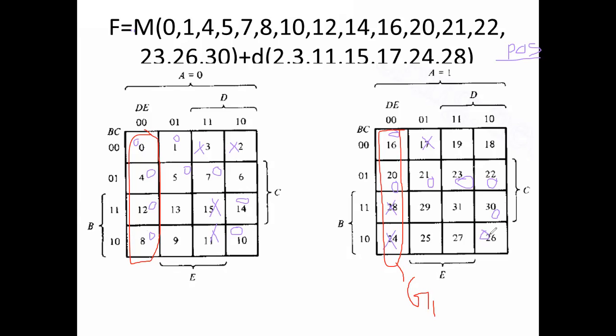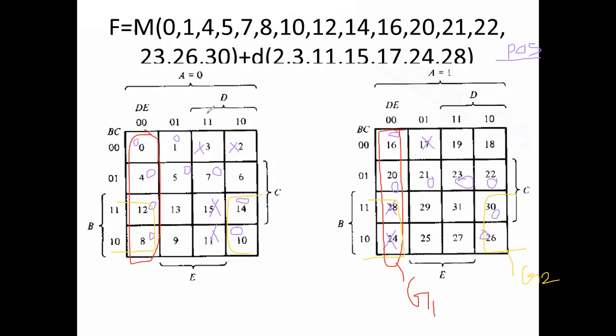Is there adjacency? Yes, this is also an octet. So this belongs to group 2. Next, is there any octet? No.